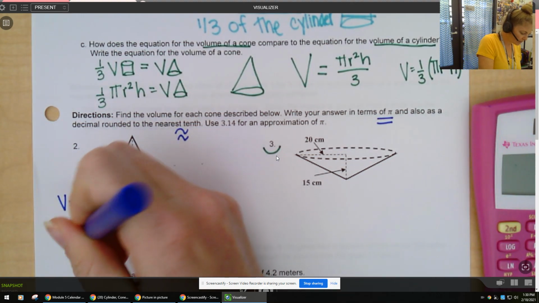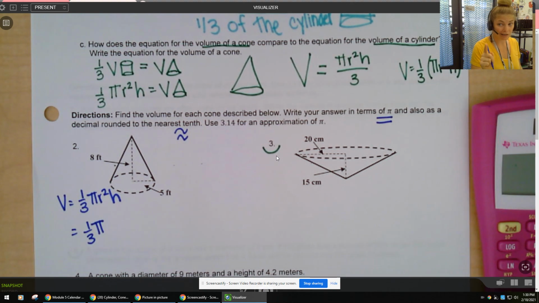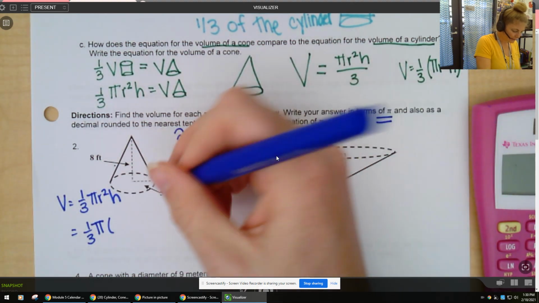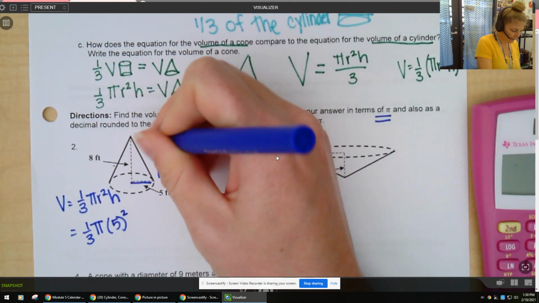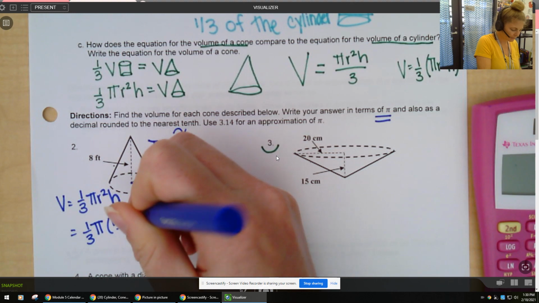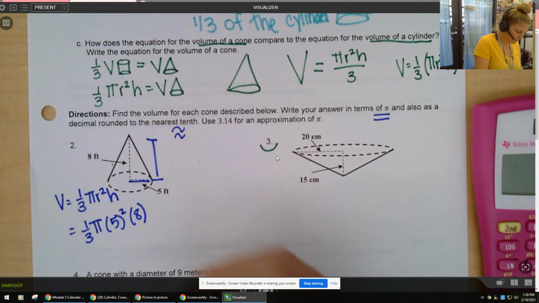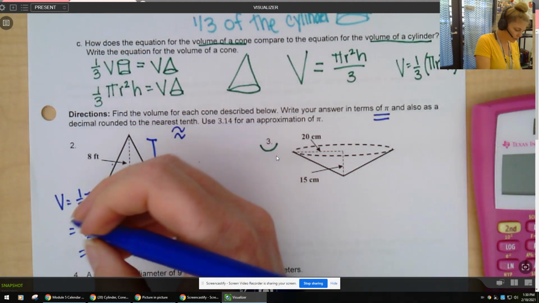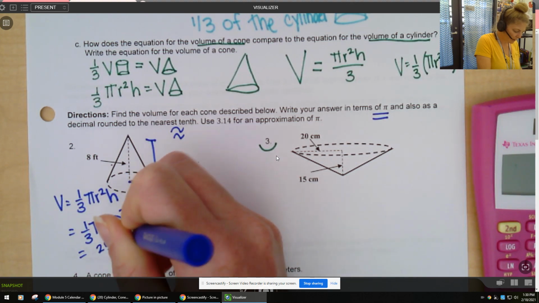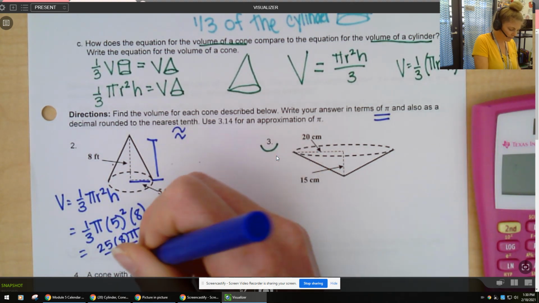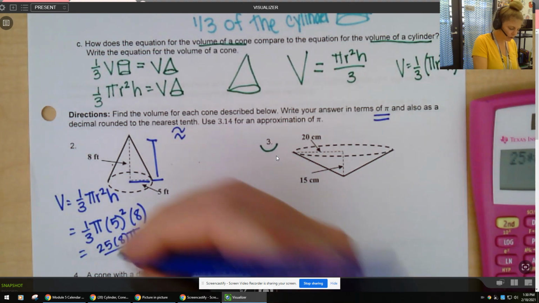So here, 1/3, I'm going to leave the pi there for now because we want to answer exactly in terms of pi. My radius here is 5. Notice it's just half being squared times the height of my whole cone, which is 8. It's a little bit harder to trick us about the height of a cone. Okay, so from here, 5 squared is 25. So we have 25 times 8 pi all over 3, which is exactly, 25 times 8 is 200.